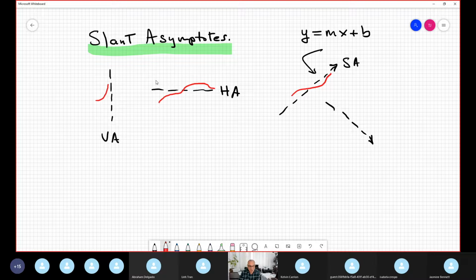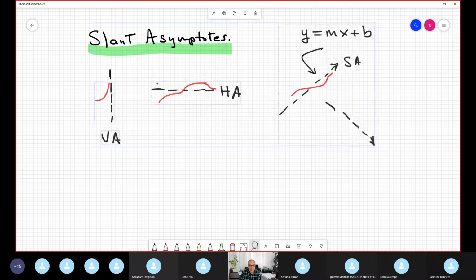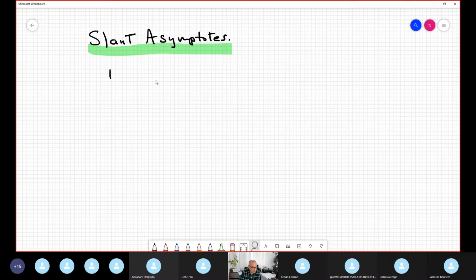Okay, so how do you know? What is the feature, what is the characteristic that tells me if we have a slant or not? Well, the degree analysis again. We have a rational function, f of x is equal to p of x divided by q of x, polynomial over polynomial.